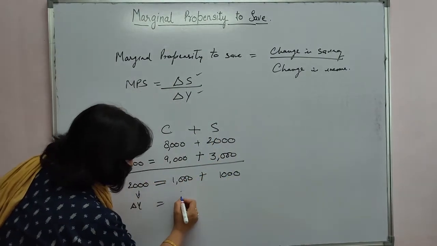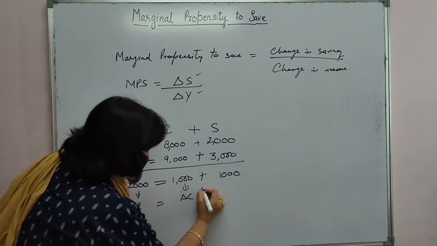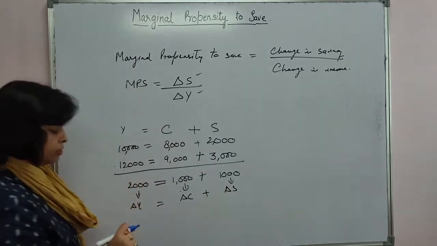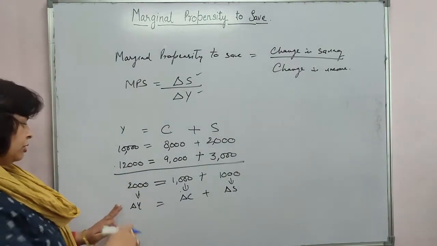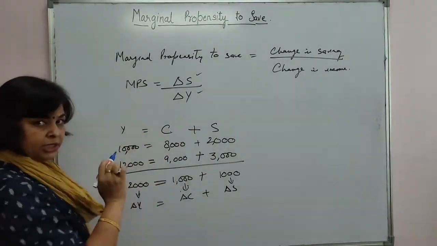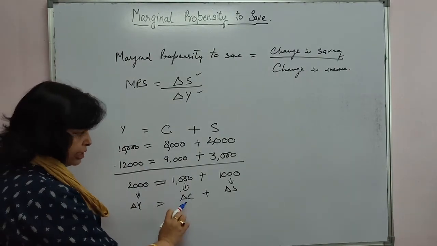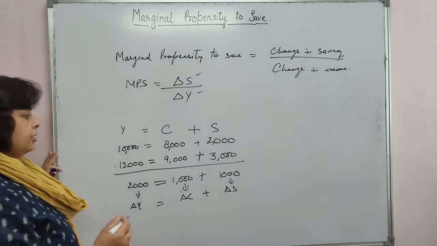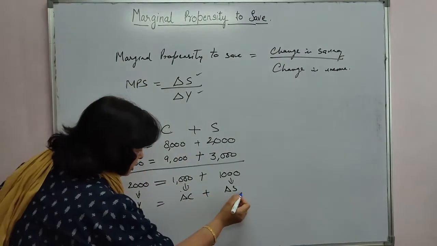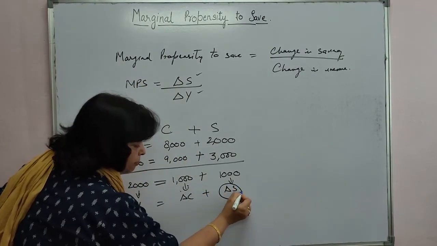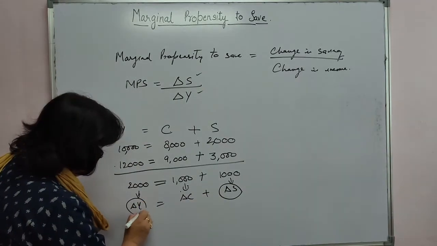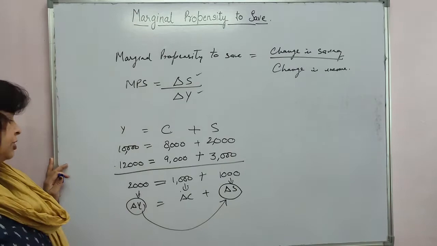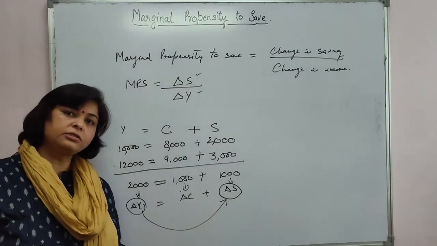This 1,000 is delta C, and this 1,000 is delta S. We know that Y is equal to C plus S, and delta Y is equal to delta C plus delta S. What MPS shows is the fraction of income which is saved, or which turns into change in saving.